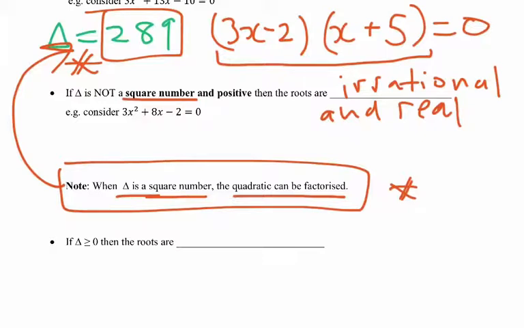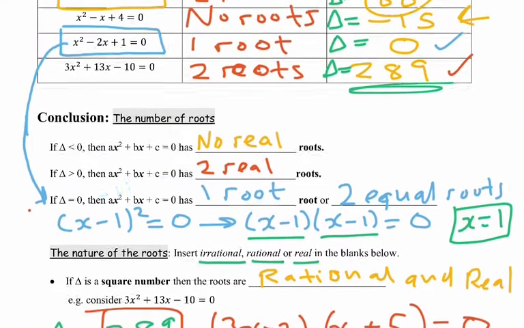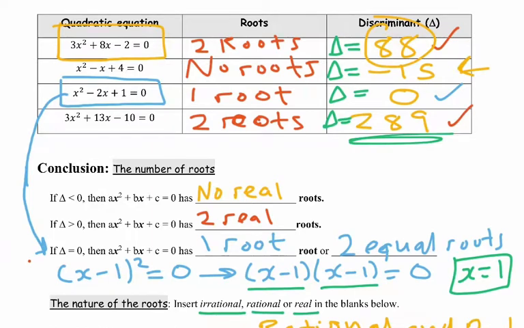Now, what if delta is bigger than or equal to 0? What can we say? So let's go back up here. If delta is bigger than or equal to 0, we're looking at this case, and this case. Okay, so the three red stars or asterisks.